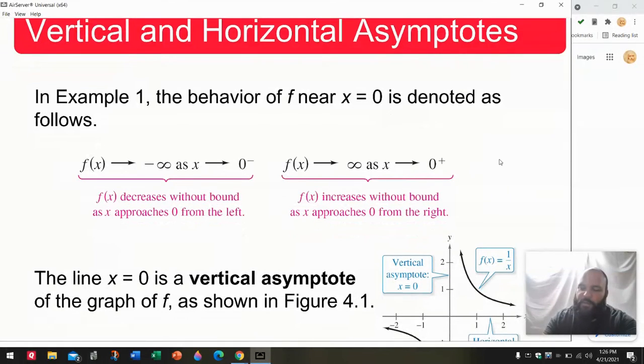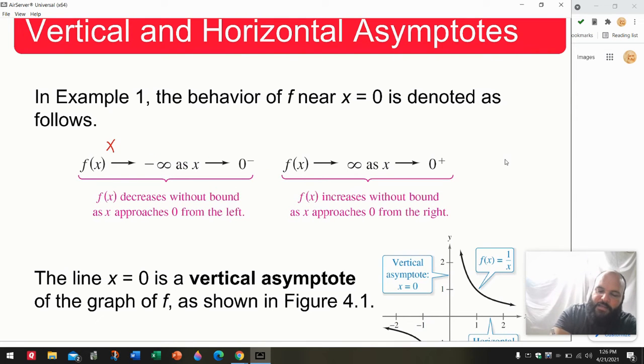So in example 1, the behavior of f near x equals 0 is denoted as follows. And you can see as f of x approaches negative infinity, then x would approach 0 from the left. And I actually don't particularly care how they write this. I would personally write this the other way.